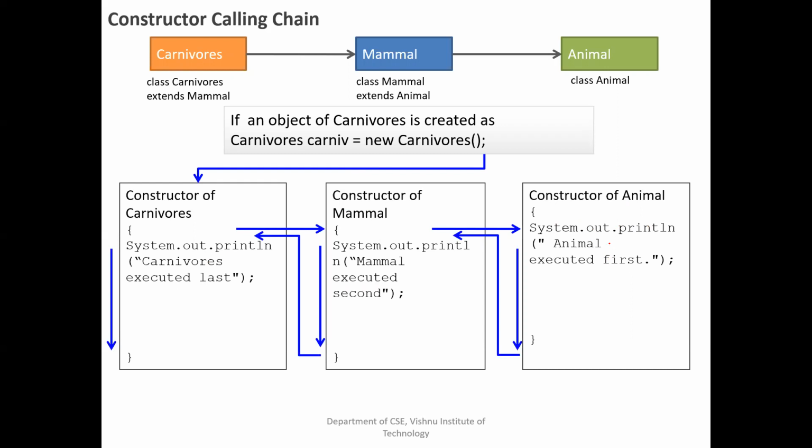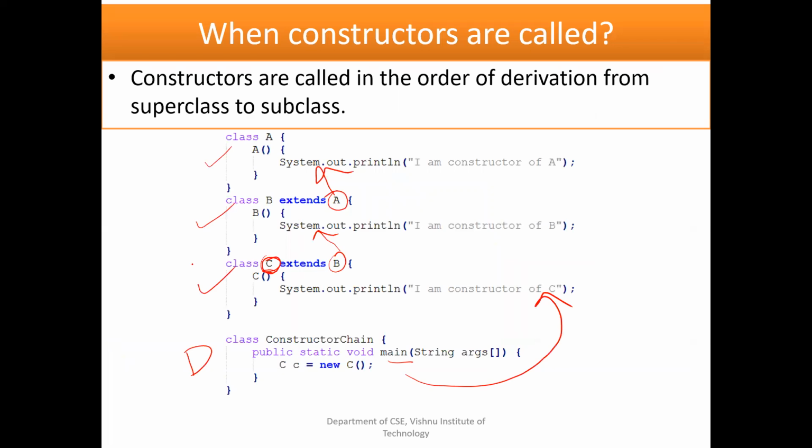That gets executed first. Animal is executed first, and then it goes back to the calling point, the constructor of mammal. Mammal is executed next, and then the constructor of carnivores, which invoked it. So carnivores is executed last. If you go back, what's the output here?